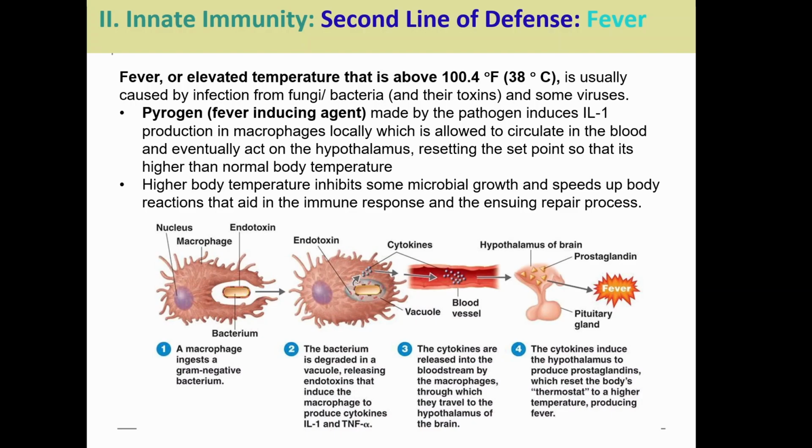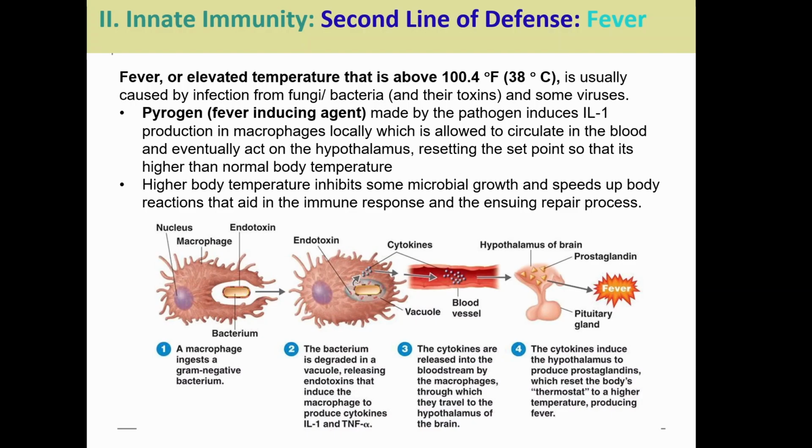And the point of it is that the higher body temperature can actually inhibit some microbial growth, and it can speed up some of these other reactions to make the immune response faster and stronger. So that's the whole point. The fever is there to try to help us. We're basically trying to burn out that microbial growth.